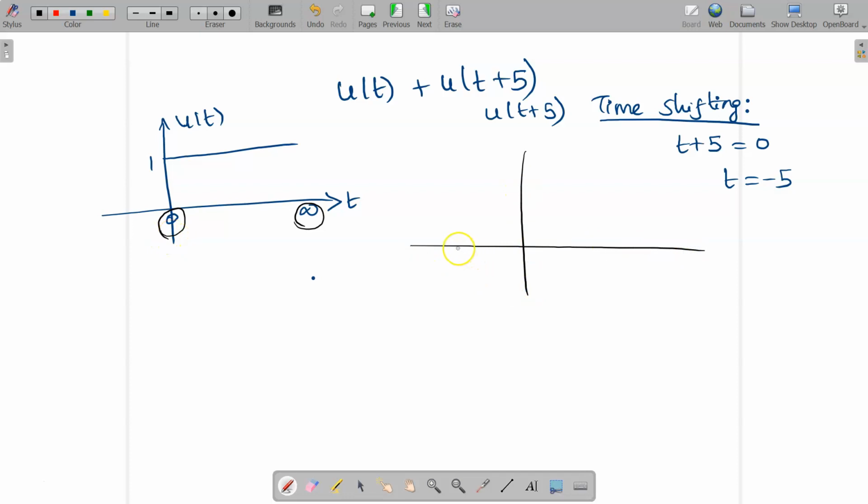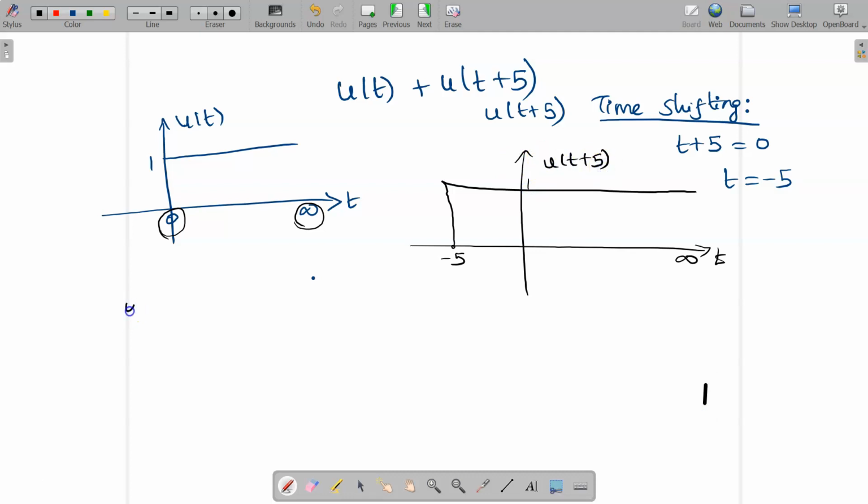So 0 plus minus 5 becomes minus 5. Infinity plus minus 5 becomes infinity. So now this signal, 0 to infinity, has been left shifted to minus 5 to infinity. Amplitude anyway remains the same. So this is u of t plus 5.